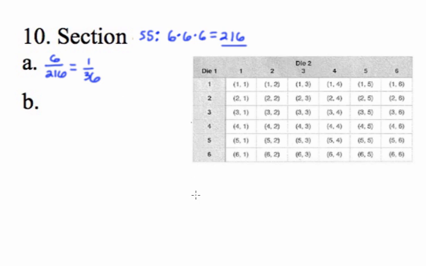Part B, a sum of 5. Now this is a little trickier. I just try to list all the ways I could possibly get a 5. I could get a 1, 1, and a 3. That would make 5. I could switch the order around on that. So I could get a 1, 3, 1, and a 3, 1, 1. How else could I do it? I could get a 1, a 2, and a 2.